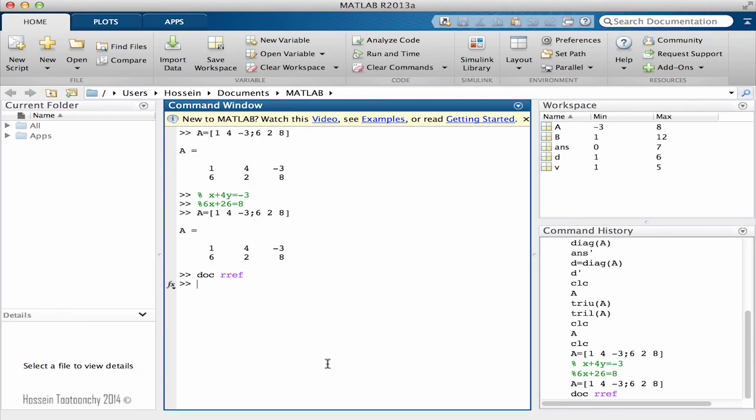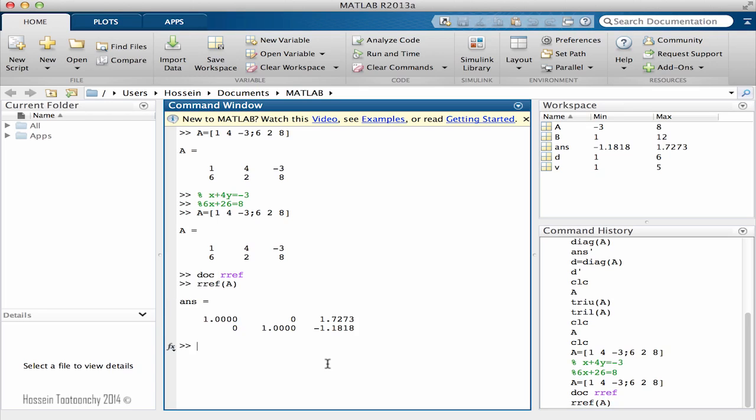So I can type RREF and pass the matrix that we were working on into that function. And look what happens. MATLAB just solves the equation for you. There is a 2 by 2 matrix here, if you imagine a line separating these two, so the 2 by 2 is an identity matrix with 1 on the diagonal, and some results.